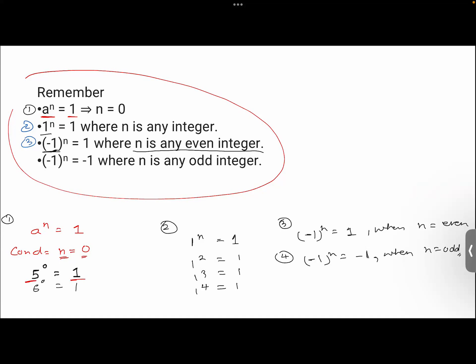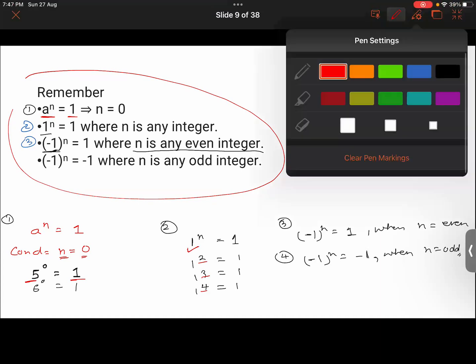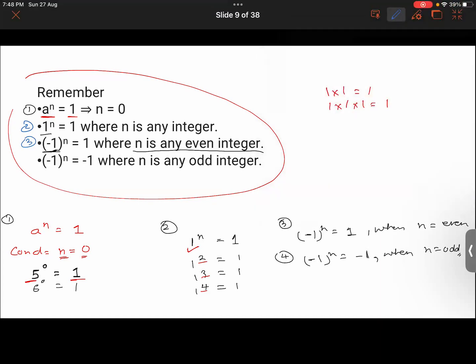Look closely, Ahmed. If I have a number 1, no matter if I raise it to 2, 3 or 4, it will still remain 1. Like 1 multiplied by 1 is 1, and 1 multiplied 3 times is still 1. And if I have minus 1 and multiply it 2 times, it becomes plus 1.